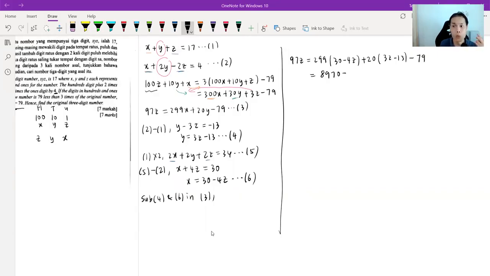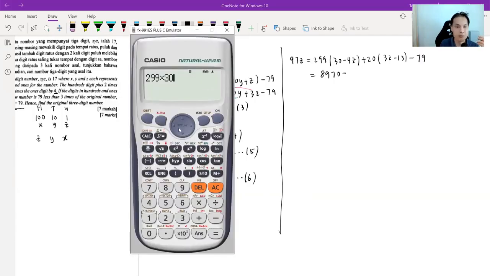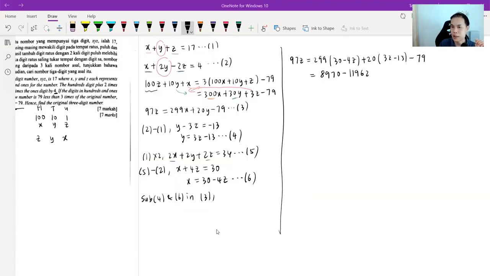You minus 4, 1196. If you cannot, just use calculator, or just times 4 like this. 1196. And then this will be 60z. This will be 260 minus 79.